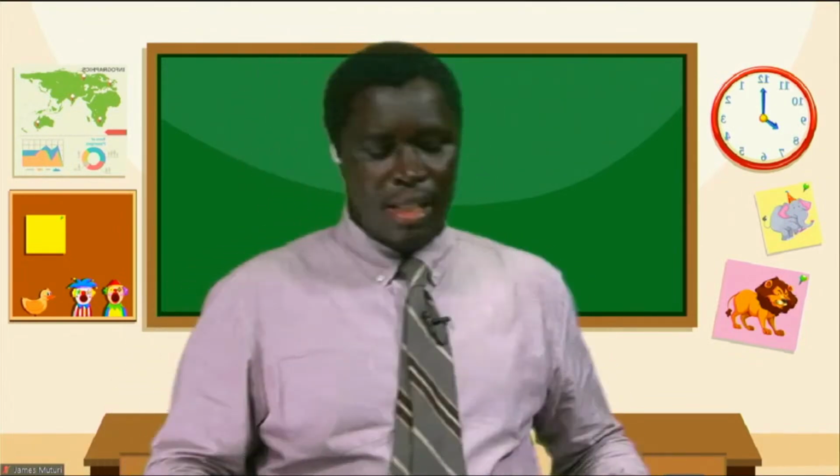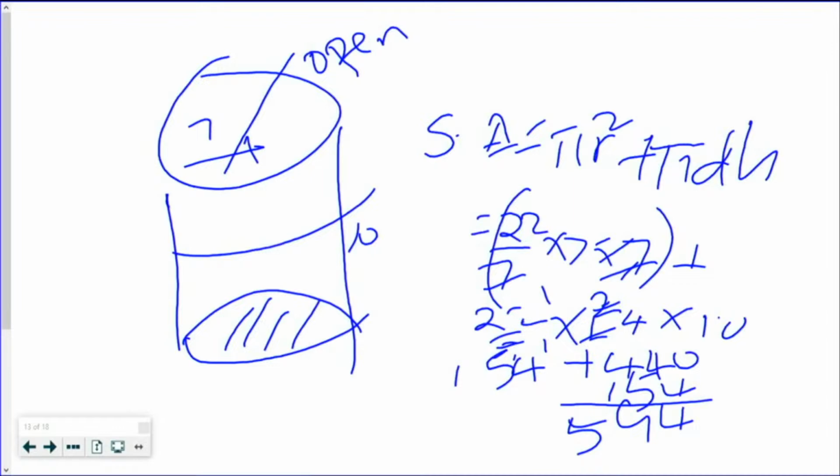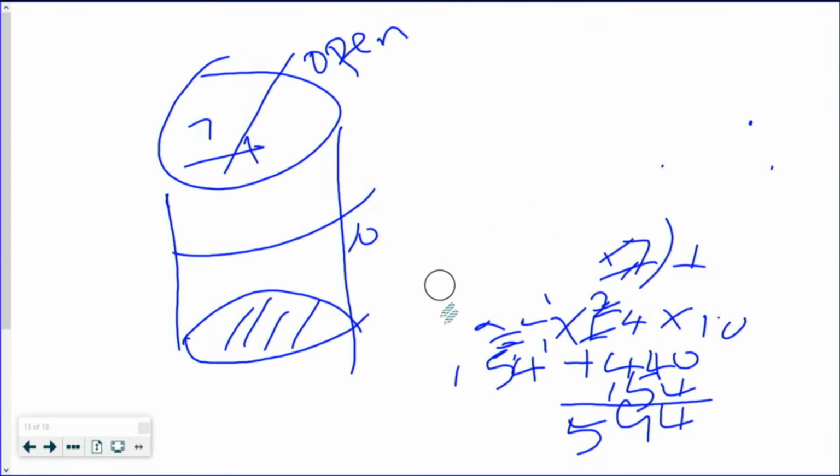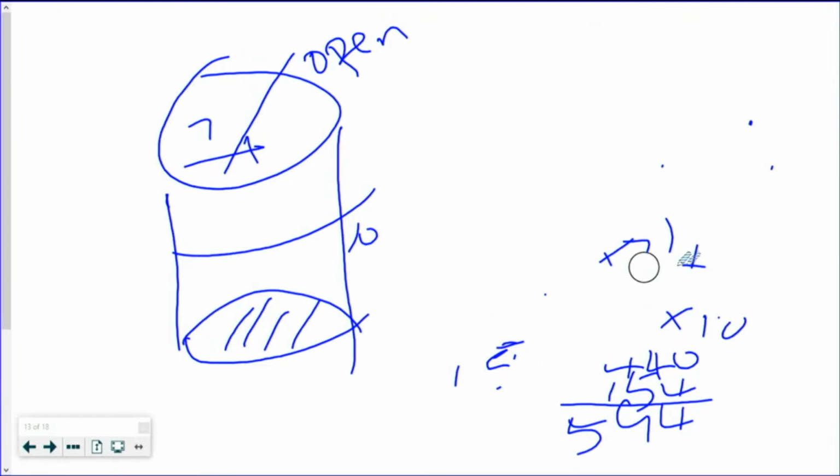Just to answer you, area of borders will depend on which border we are talking about, which shape we are asking its border, because we can have a circle, a square, or a rectangle.